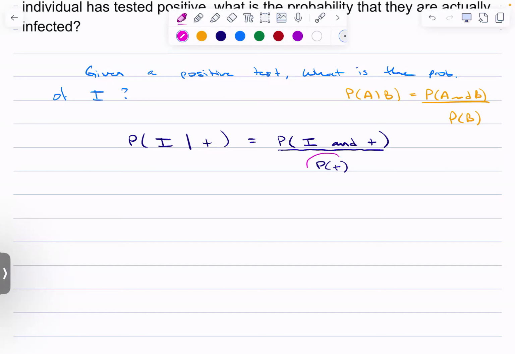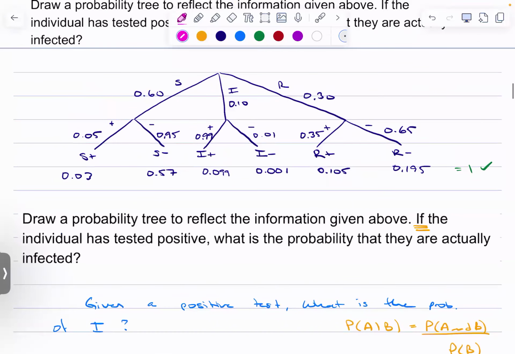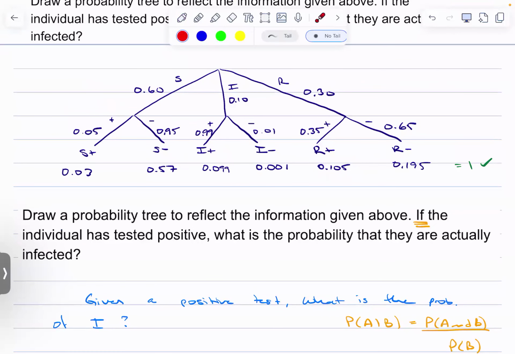Here, this is going to be the sticking point, because I've tested positive at the end of this branch, or at the end of this branch, or at the end of this branch. So there are 3 ways that I could test positive. Right?